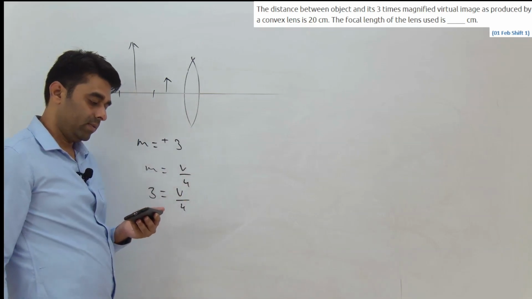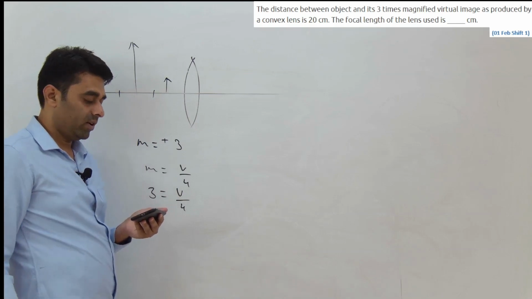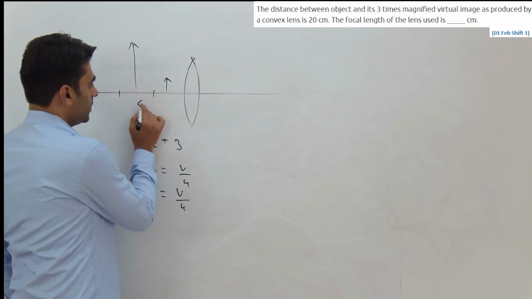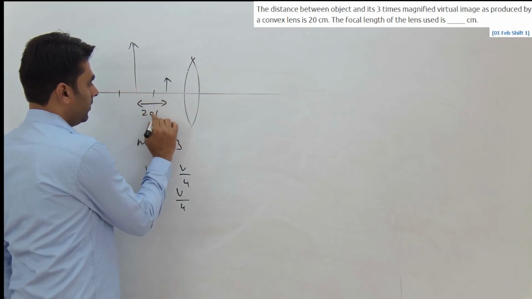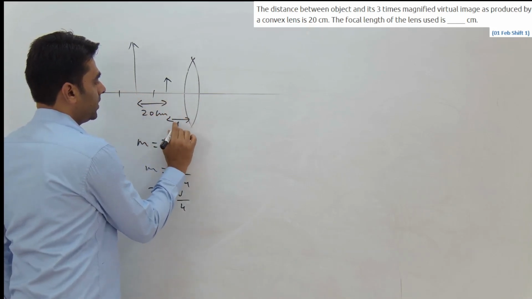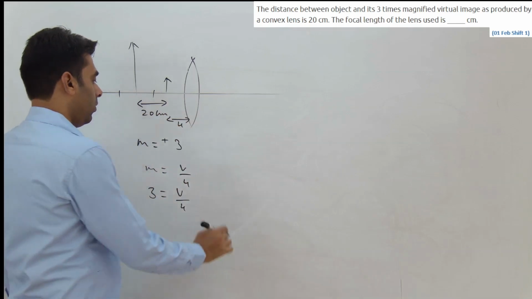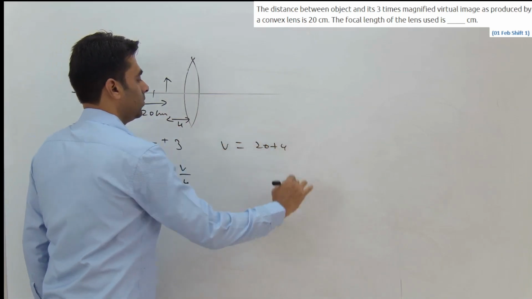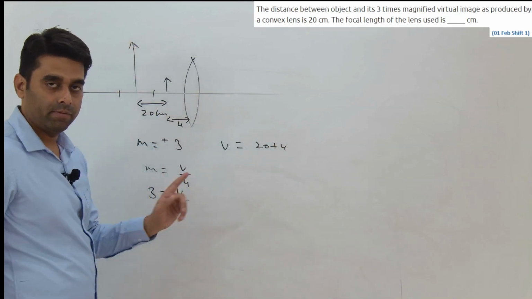Now it says that the distance between them is 20 centimeter. If the object distance is u, the image distance v can be written as 20 plus u, right? Now let us substitute with sign convention.